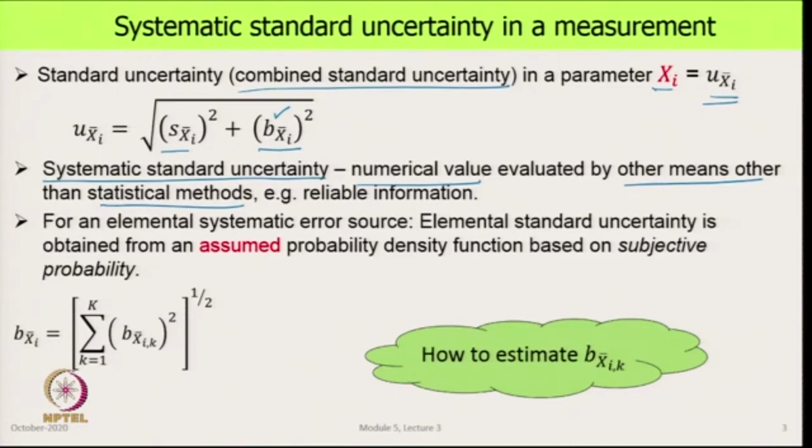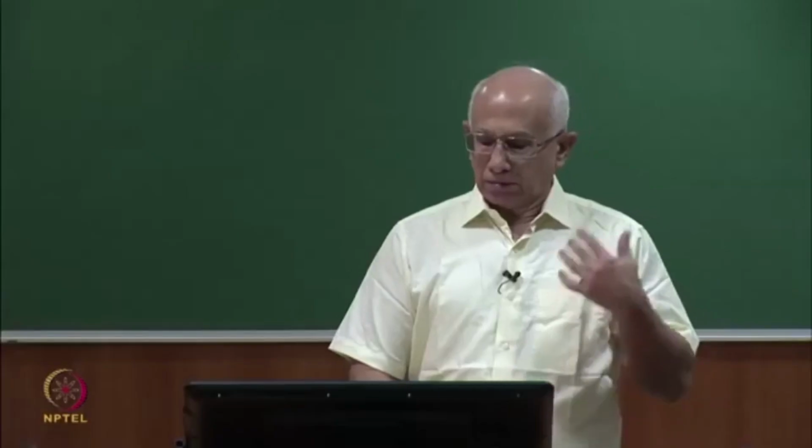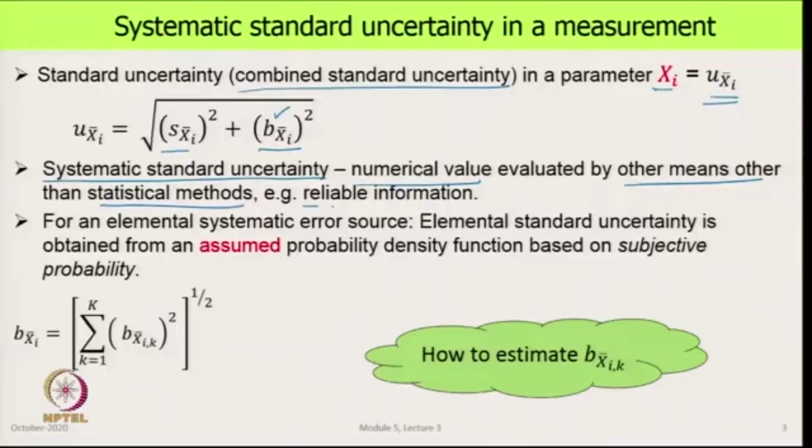That means we do not deal with numbers, we do not deal with a distribution, we do not deal with a sample, but we rely on some other information which we call reliable information, which we believe to be trustworthy, and from that information we will calculate BXI bar, assuming that the elemental error values are coming from some assumed probability distribution function.